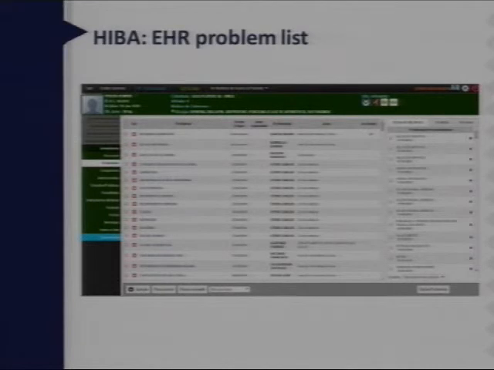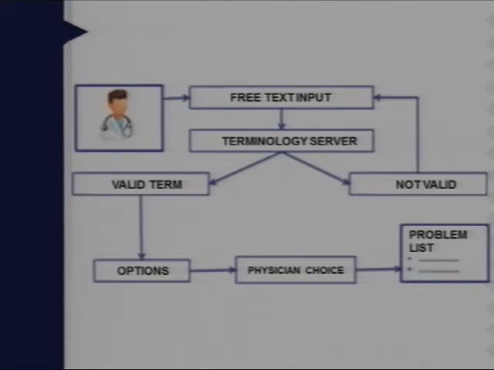This is our electronic health record problem list. In our electronic health record problem list, the physician inputs in free text the health problem that he or she wants to add to the problem list. We have a terminology server that analyzes this term and evaluates whether that term is valid or not.